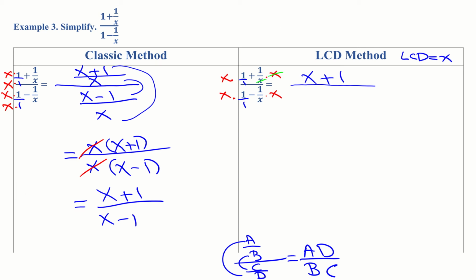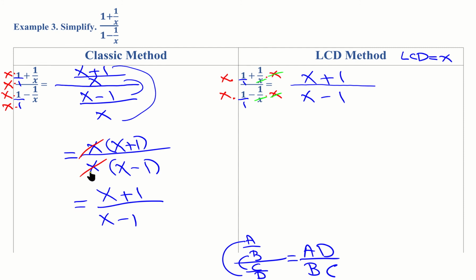So plus 1 over x times 1 again is x minus, notice those two x's also cancel out, leaving us just 1. So minus 1.